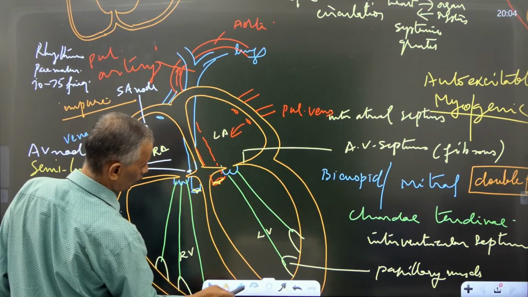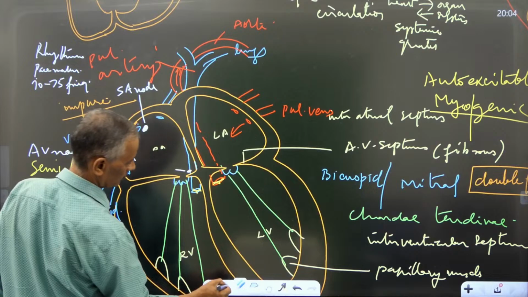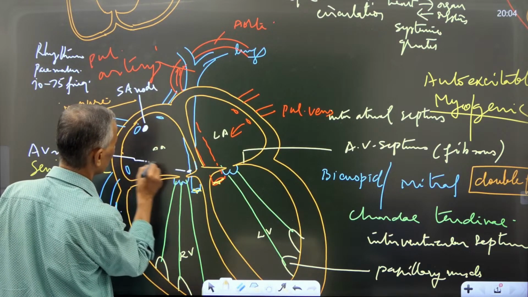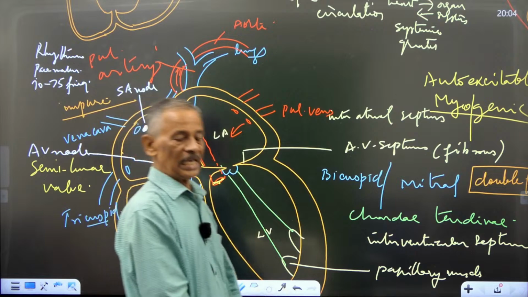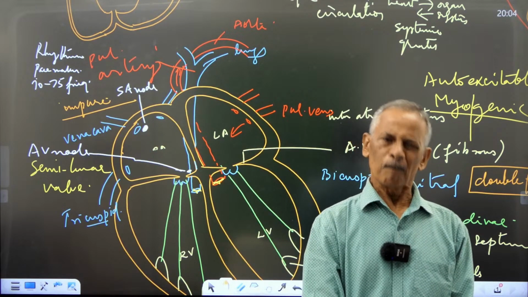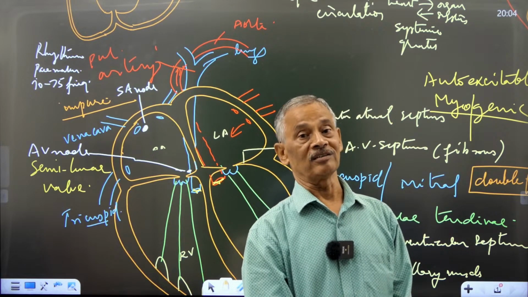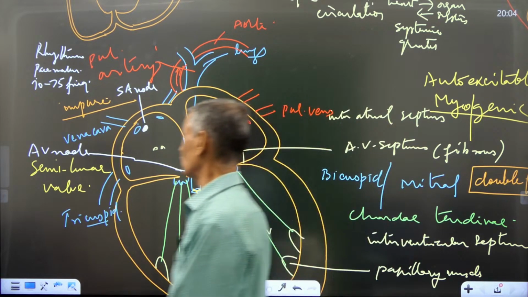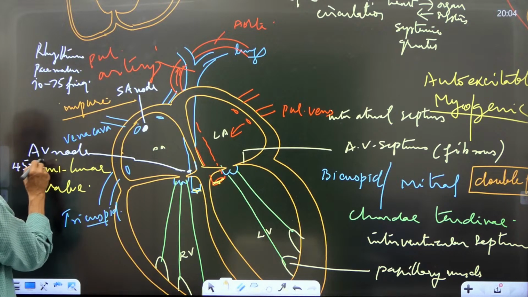This AV node is also capable of producing signals, but it is at a lower rate. എന്താണ് അതിൻ്റെ ഫ്രീക്വൻസി? ഇറ്റ് ഈസ് ഓൺലി 45 to 50 ടൈംസ്.